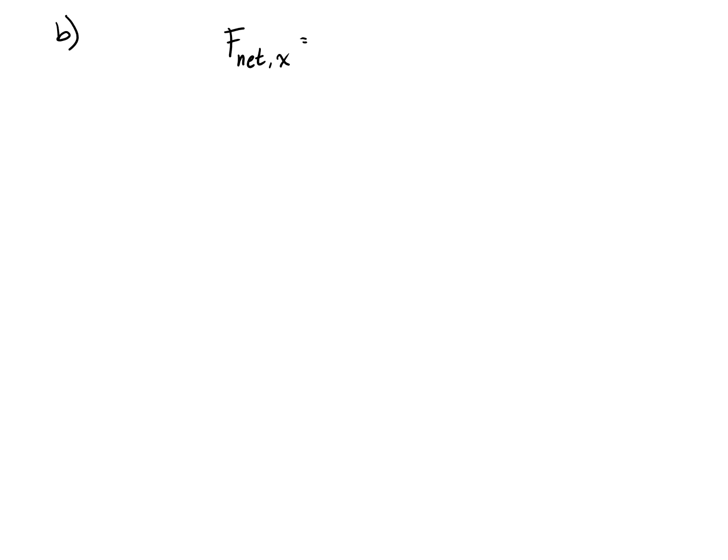So that's going to be force 1x plus force 2x plus force 3x plus force 4x. And if we go back to our original question, it says that the net force is equal to 4.0 newtons i hat. So our answer is going to be 4 newtons.